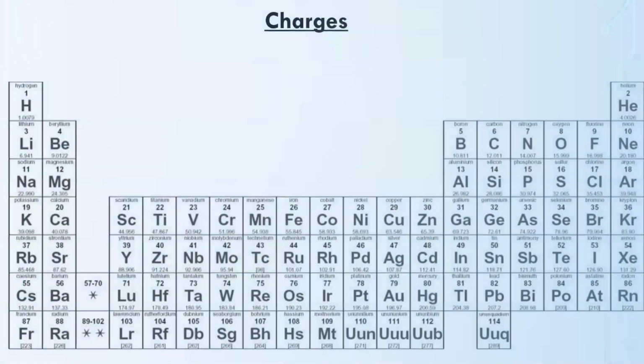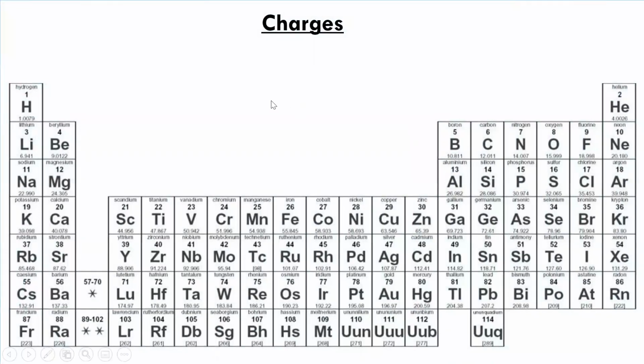Okay, looking at your periodic table, you're going to need to write these down. So get your periodic table out, and these are charges which actually come into play in the second half of this chapter, but I'm just going to give them to you now. So the whole row, hydrogen, lithium, sodium, potassium, rubidium, cesium, and francium, all have a charge of +1.